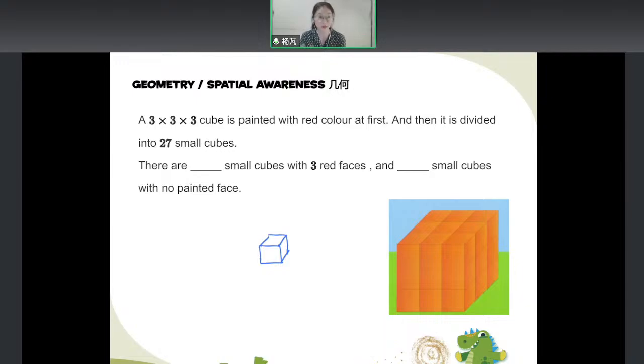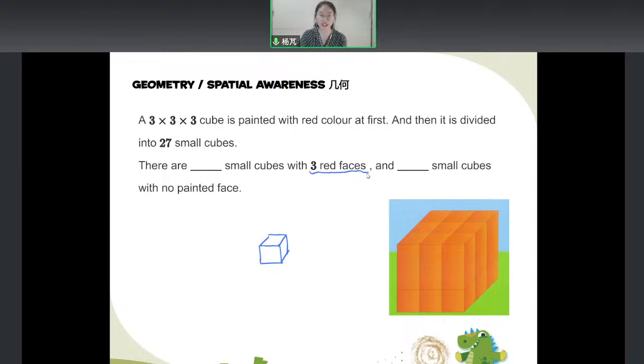You can tell me in the chat box. Each little cube has 6 faces. So if each cube has 6 faces, I want 3 of them to be painted red.